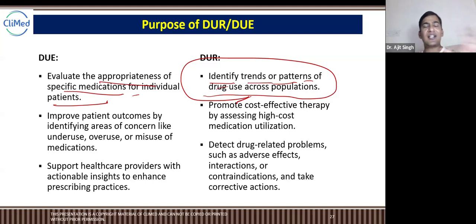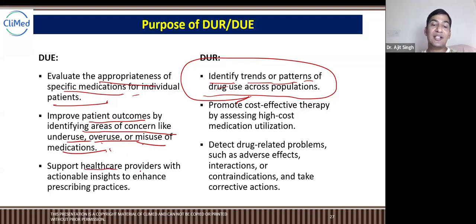So different kinds of studies can be done on DUE or DUR. Just the thing is how you are planning it, for the larger group or for the individual basis, right? So DUE improves patient outcomes by identifying areas of concern like underuse, overuse, or misuse by each patient, right?